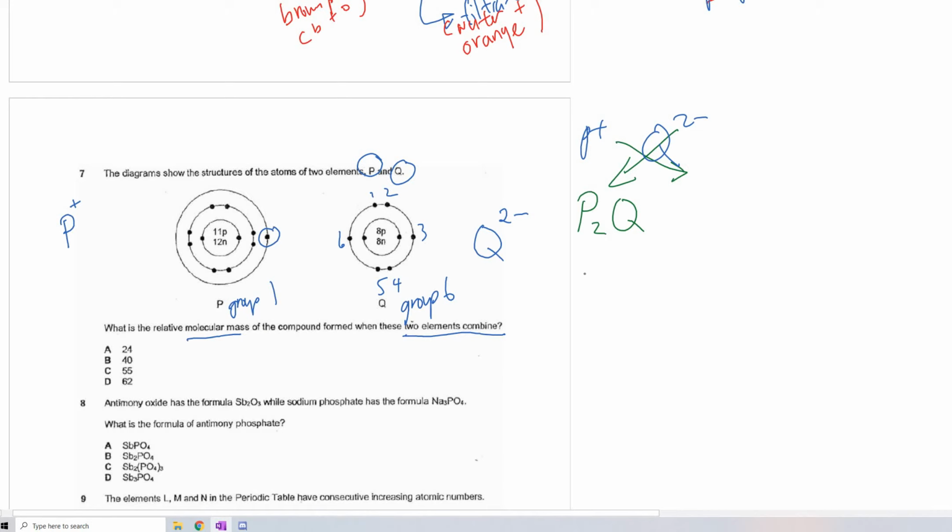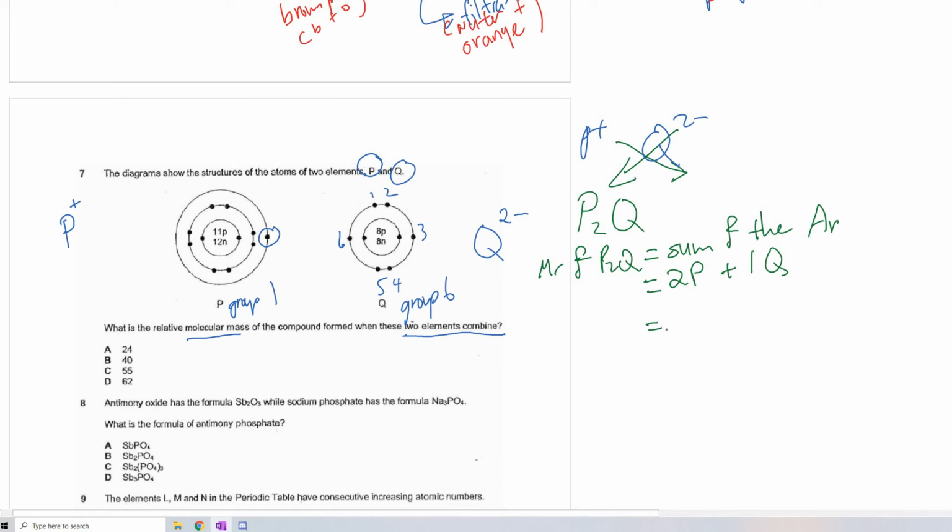Okay, so the Mr of P2Q is equal to the sum of the relative atomic mass of the elements. Alright, so we have 2P and 1Q.